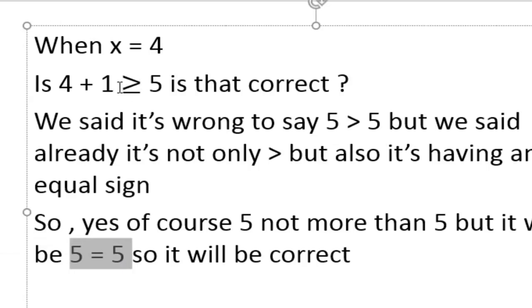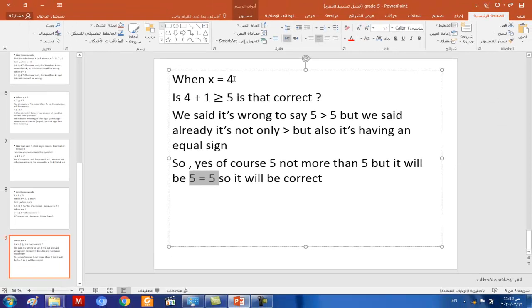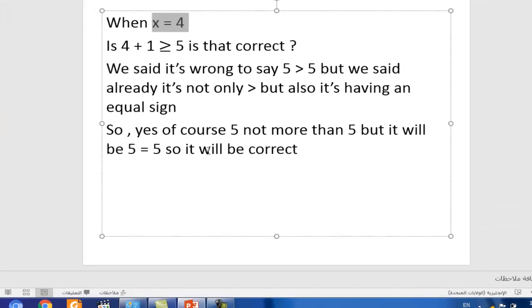The line under the inequality means more than or equal, or less than or equal, whatever you have. Here we have more than or equal. So if we substitute x by 4, 4 plus 1 equals 5, because 5 equals 5. So 5 will be correct.